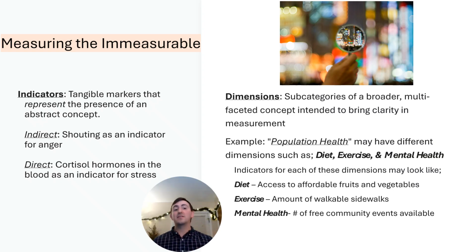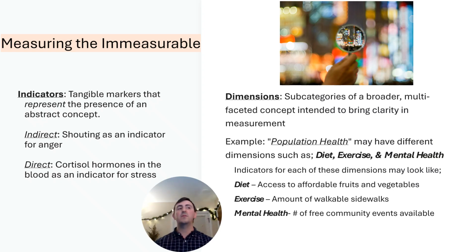And then a direct indicator would be cortisol hormones in the blood as a direct indicator of stress. Why is that direct? Because cortisol is literally a stress hormone, or a collection of stress hormones. So each one of those is an indicator, and that's a word to really make sure you have down, as we're going to use it a lot moving forward in this lecture and in this class.